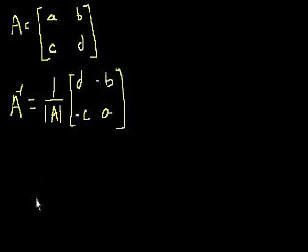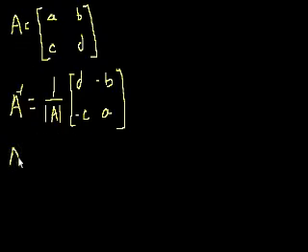So my question to you is, what will make this entire expression undefined? Well, it doesn't matter what numbers I have. If I have numbers here that make A defined, then I can obviously swap them or make them negative, and it won't change this part of the expression. But what would create a problem is if we attempted to divide by 0 here, if the determinant of the matrix A were 0.